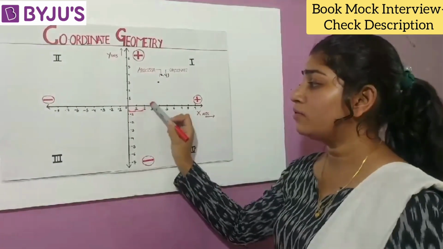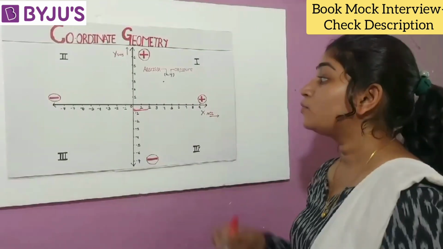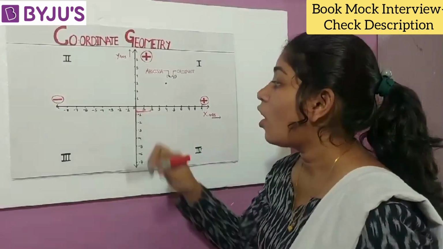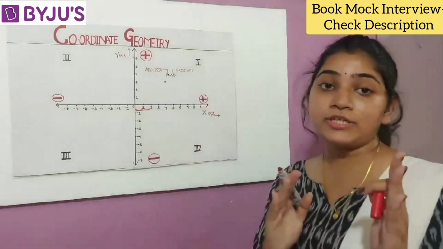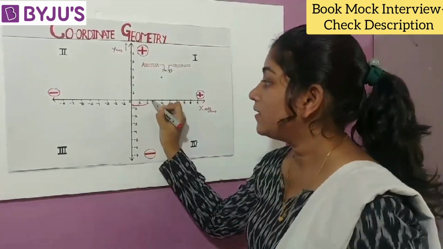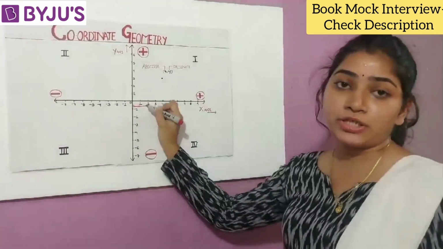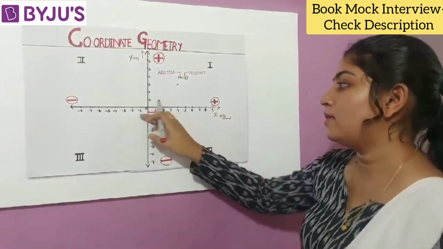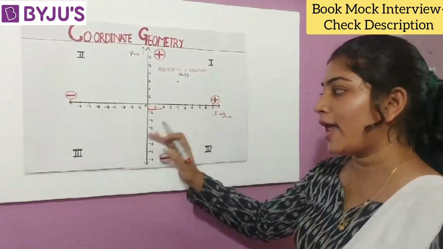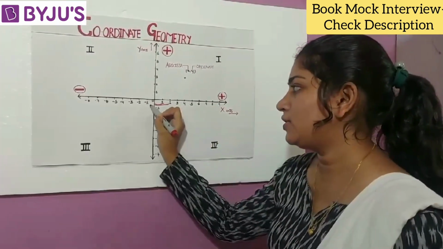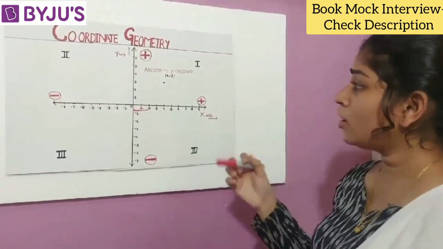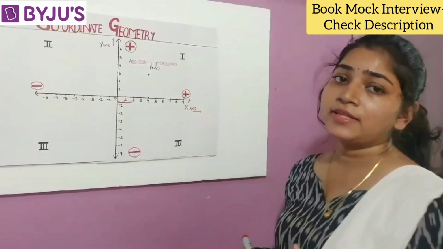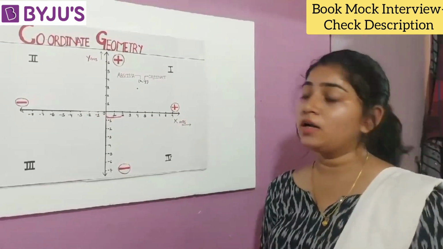Then 1 is a unit distance from the origin. Similarly, 2 is a unit distance from the origin. It is the same for all axes: 3 is a unit distance from the origin, and 4 is a unit distance from the origin.